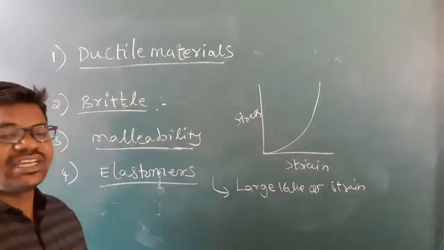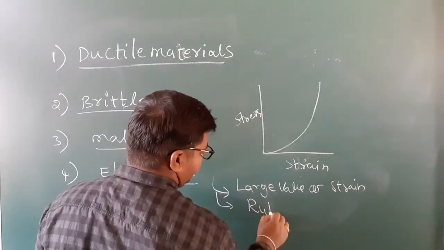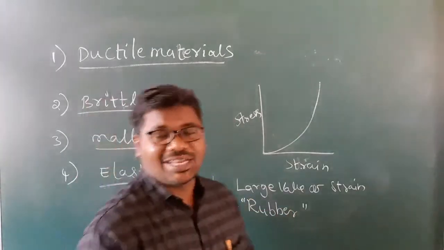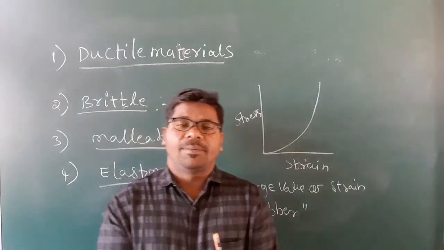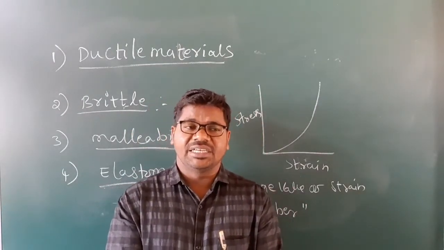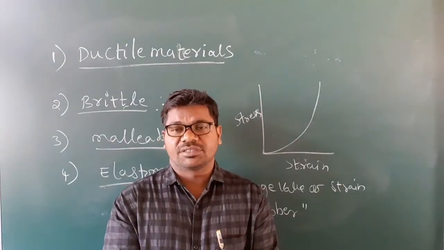Understand? The best example of an elastomer is rubber. So, we have covered ductile materials, brittle materials, malleability and elastomers.